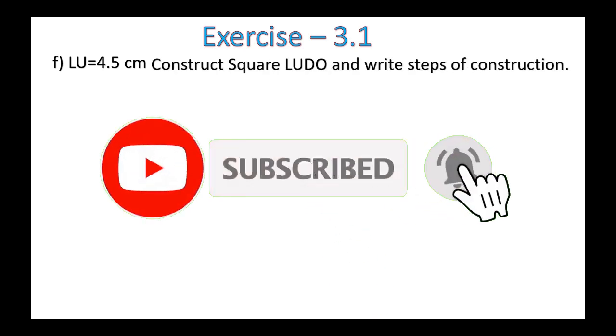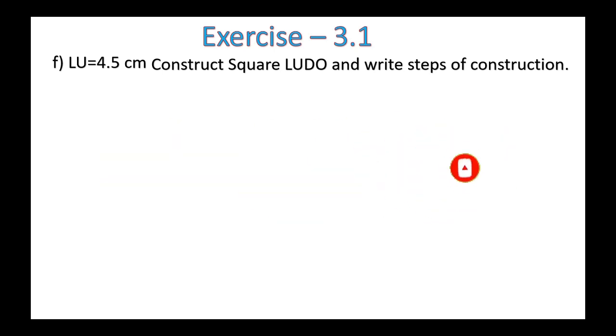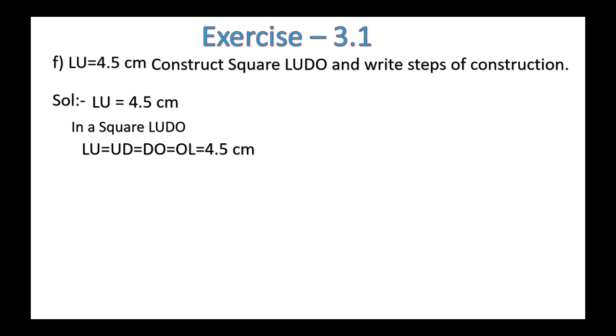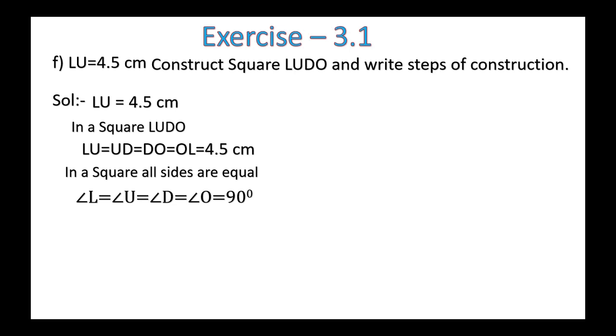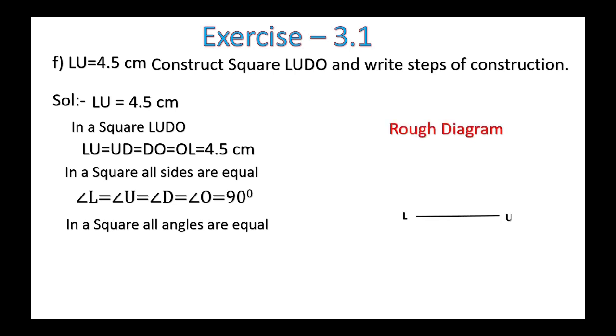Next problem F. LU is equal to 4.5 centimeters. Construct square LUDO and write steps of construction. In a square LUDO, LU is equal to UD is equal to DO is equal to OL is equal to 4.5 centimeters, as in a square all sides are equal.